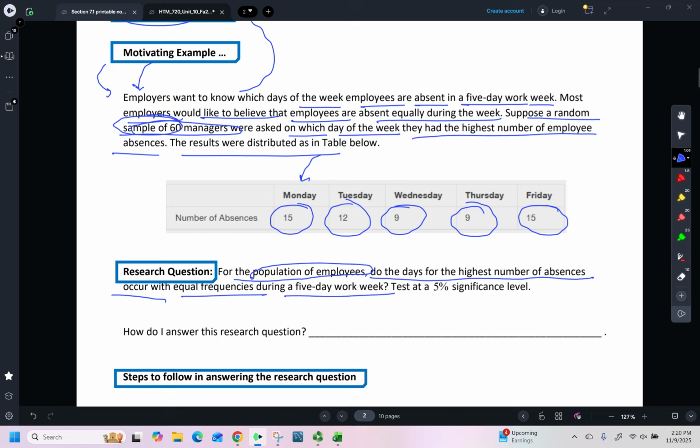So our interest here is to see if the pattern we see in the sample is reflective of what's going on in the entire population. And we want to see if the evidence contained in this sample data points to that or otherwise. And our goal is to conduct that test for this claim at a 5% significance level.